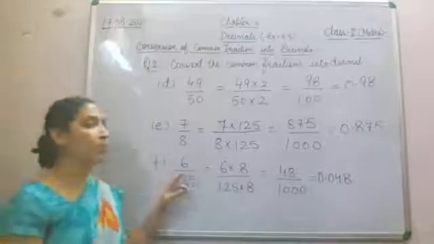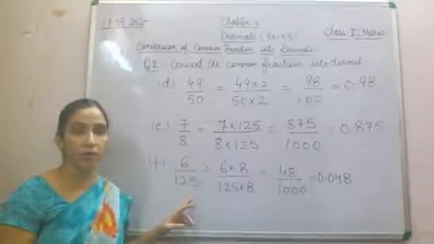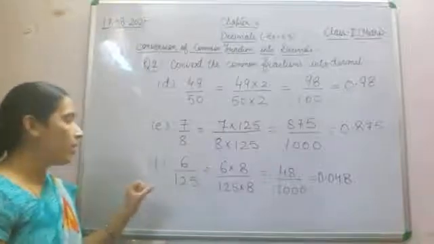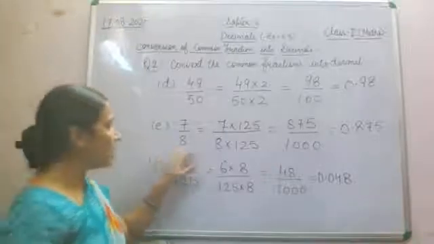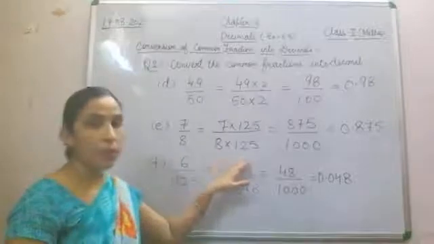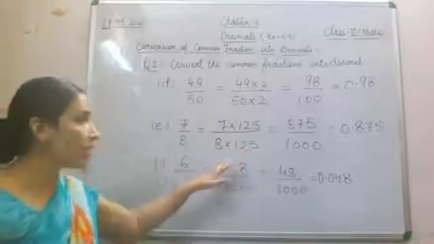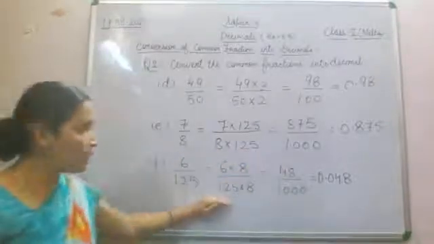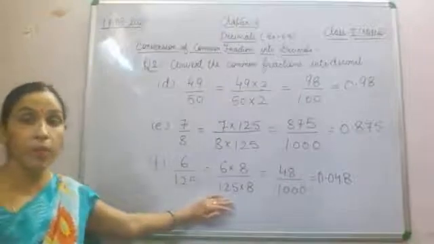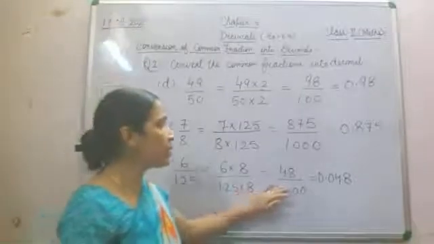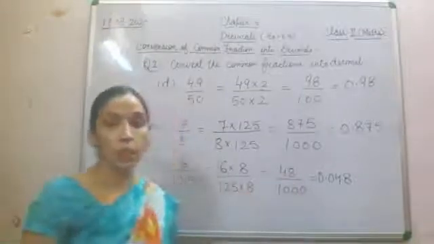So let's see this F part again. You have been given the fraction 6 by 125. As you can see in the E part, 8 is multiplied by 125 to get 1000. So here 125 will be multiplied by 8 to get 1000 in the denominator.